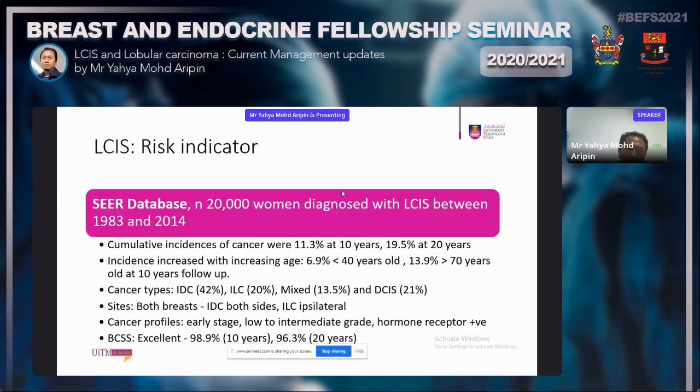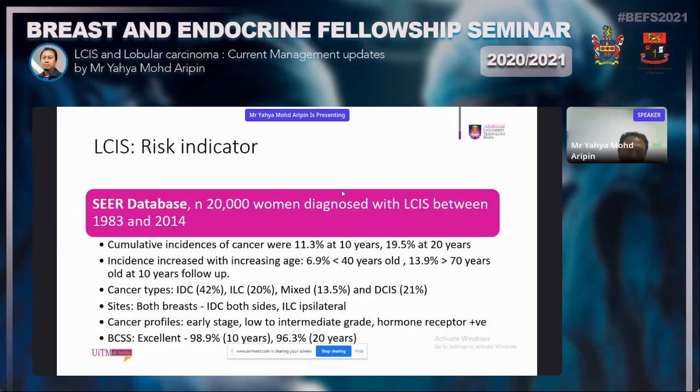ILC develops in 20%, mixed ductal-lobular in 30.5%, and DCIS developed in 21%. It's also noted that the invasive cancer does not confine to the original site of the LCIS. It can involve both breasts, and if it is in the same breast, it's not necessarily at the site of the LCIS.